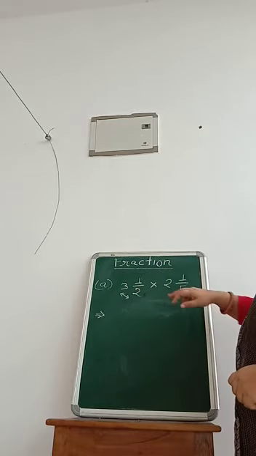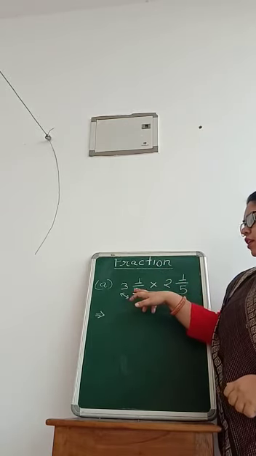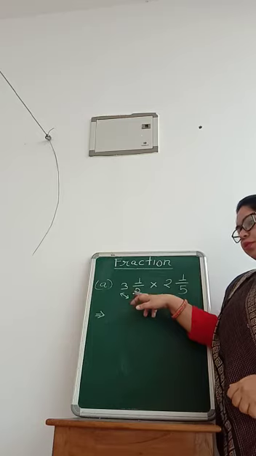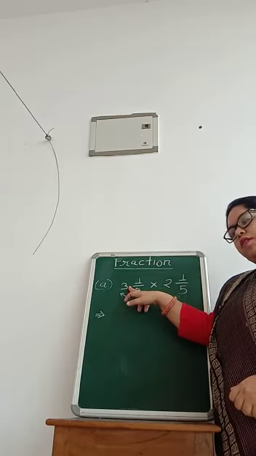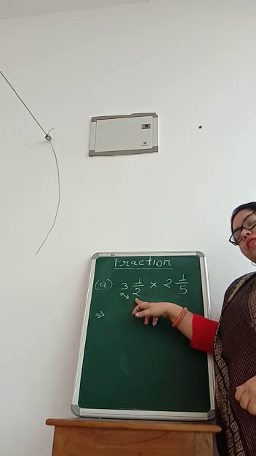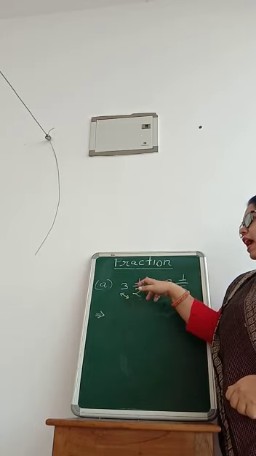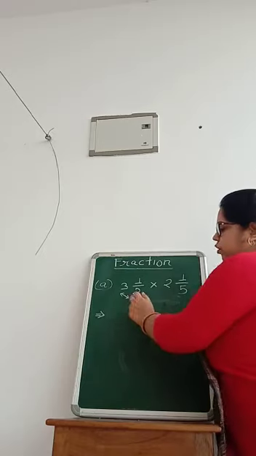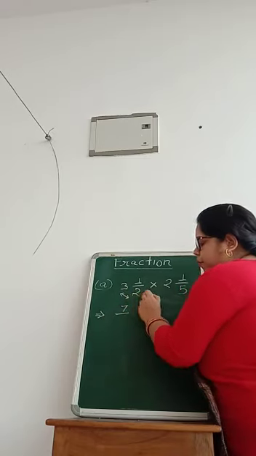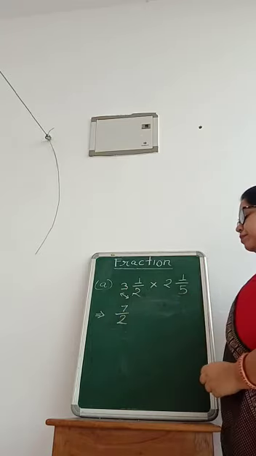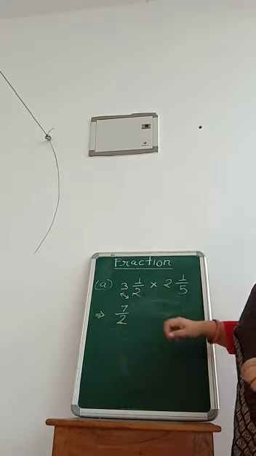Means 3 into 2. 3 2s are 6. How much did we get? 6. This 6 we will add to the 1. So 3 2s are 6 plus 1 is 7 upon 2. The denominator will be the same.